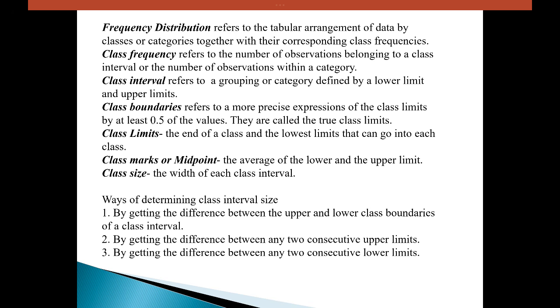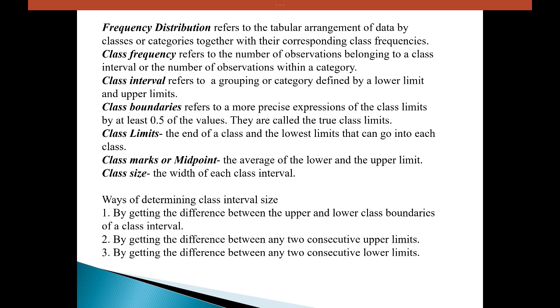Again, this is how I got the class size: by getting the difference between the upper and lower limit of a class interval, that's what we did earlier. Or by getting the difference between any two consecutive upper limits.